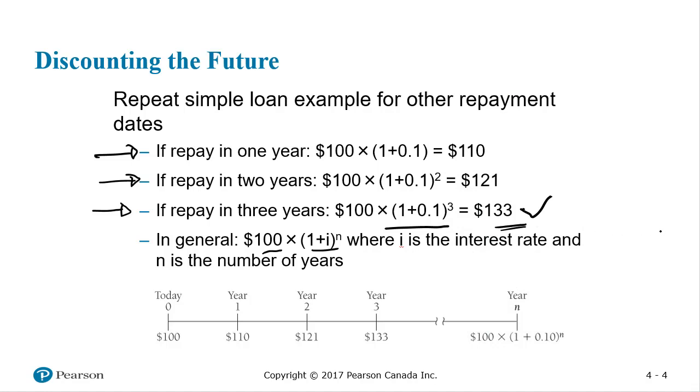It looks like they did a little bit of rounding, okay? So when you look at 1.1 to the power of 3, all that is doing is 1.1 times 1.1 times 1.1. Okay, that's just a little quick math lesson.